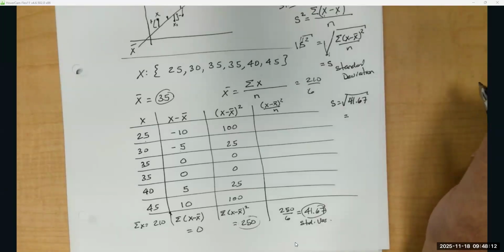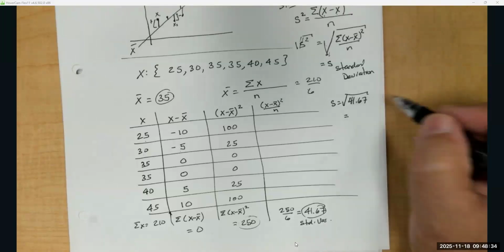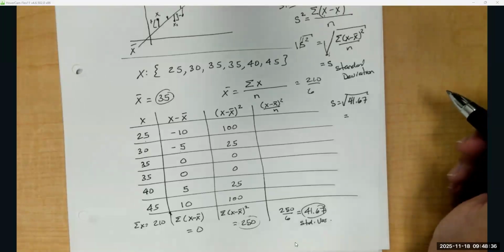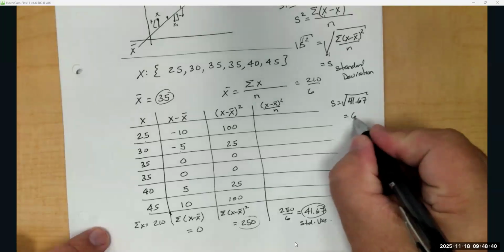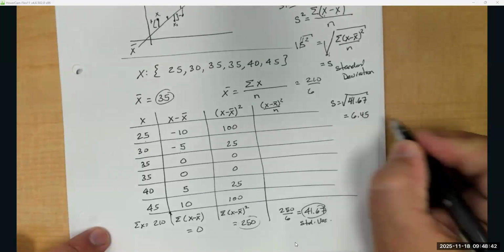It's just a little bit above 6. 6.5? The square root of 41.67 is 6.45.